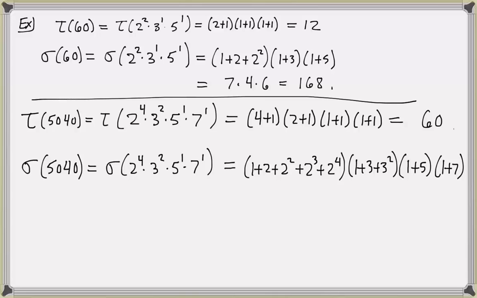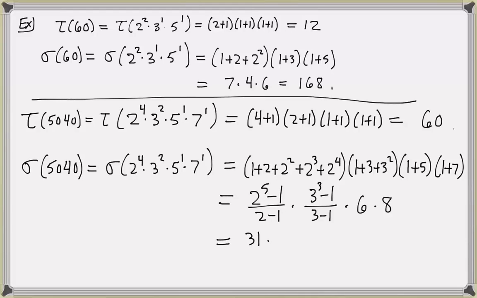So I can use the finite geometric formula, 2 to the 5th minus 1 over 2 minus 1 times 3 cubed minus 1 over 3 minus 1, and times 6 times 8. So this will equal 31 times 13 times 6 times 8, which gives 19,344.